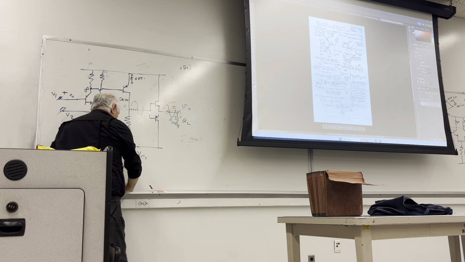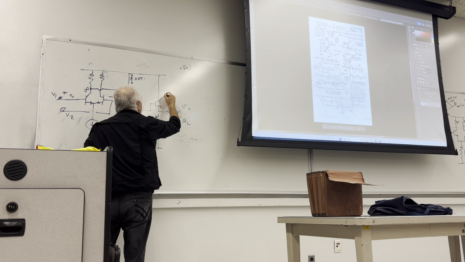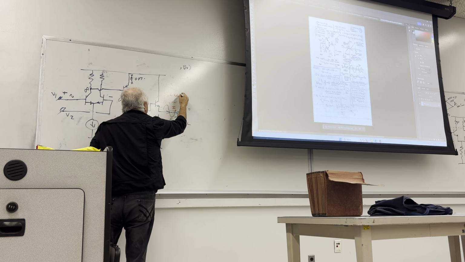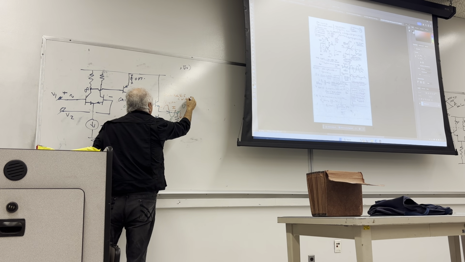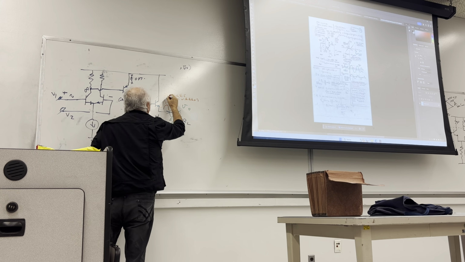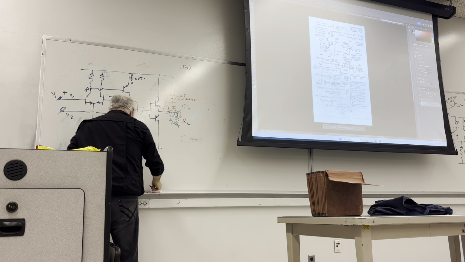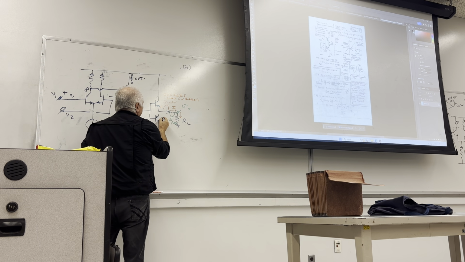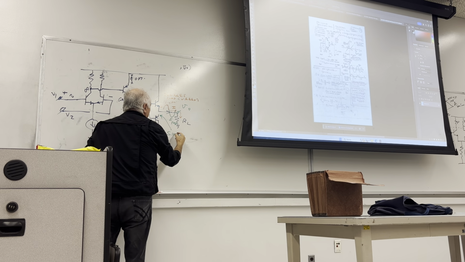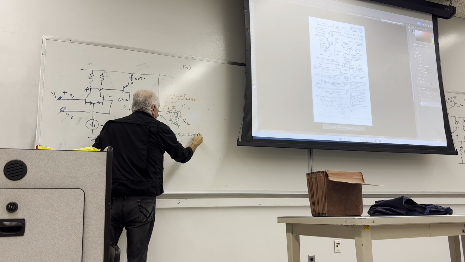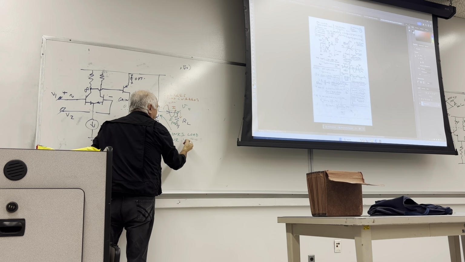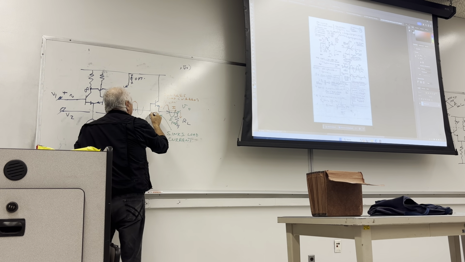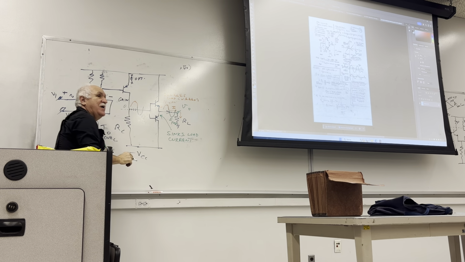This guy sources load current, I should say, load current. This one sinks load current. It means drives in the opposite direction. Okay. So that is how the issue of a sinusoidal wave is taken care of.